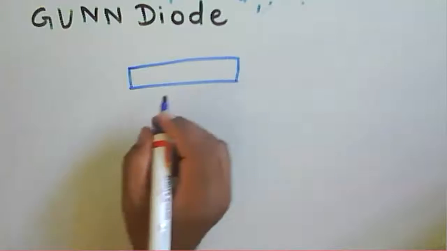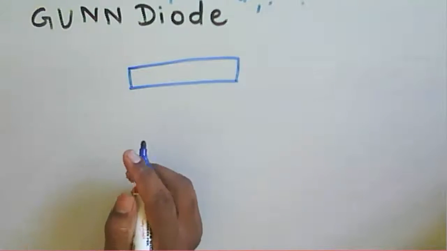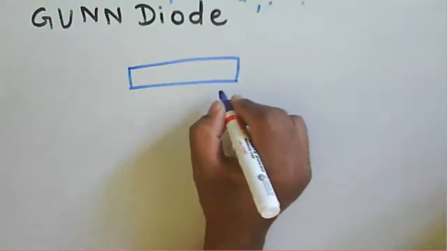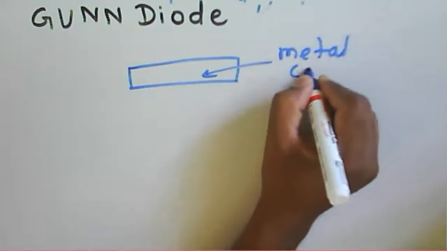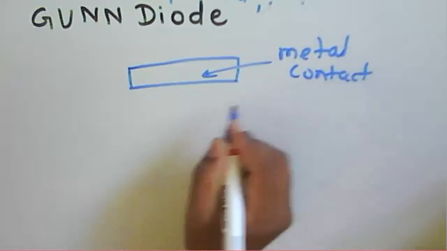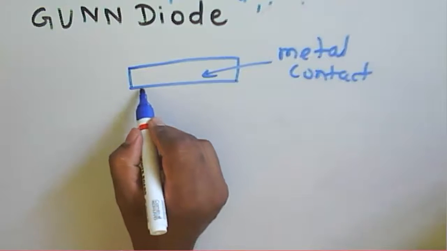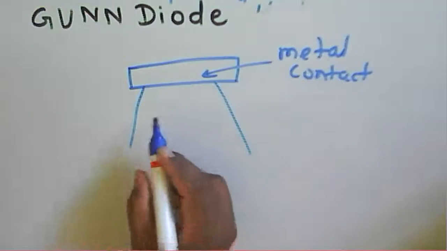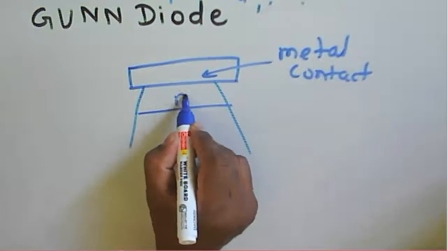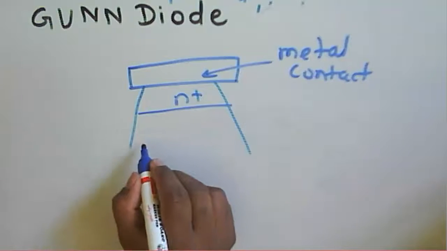Another case is how to construct the Gunn diode. Here this is a metal contact, the anode, and then we have the n plus substrate.